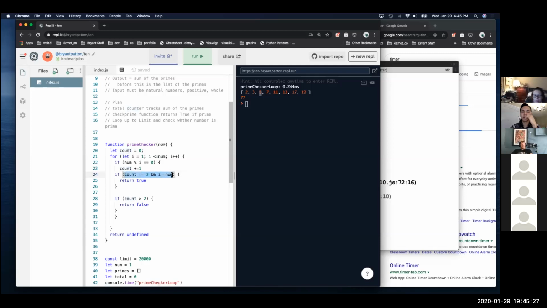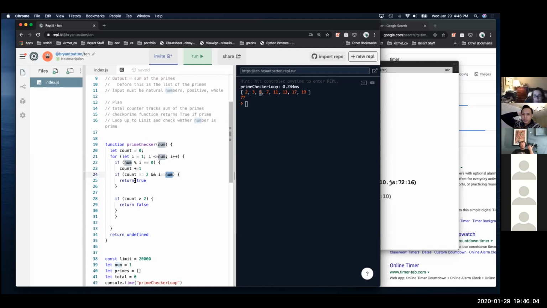I think it was either Obed or Luis, I think it was Luis, who was saying if i is equal to the number, then that'll indicate it's being divided by itself. Right. You could also do, if it ends and the count is 2, then return true.